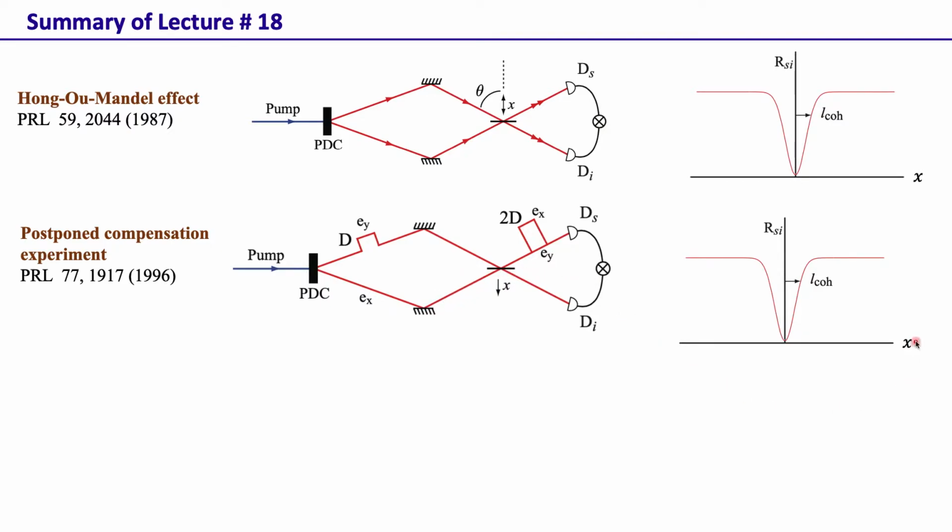So, what this experiment confirmed is that even if the entangled photons do not arrive simultaneously at the beam splitter, one can still see this Hong-Ou-Mandel effect.